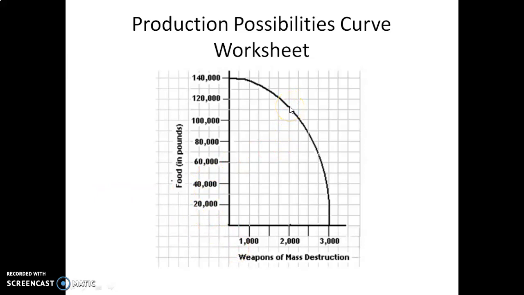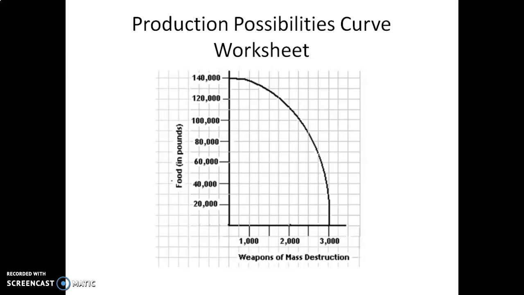Okay, and now if we go all the way to 3,000 using all of our resources for WMD, look how much food we have to give up. We're giving up, what is this, about 110,000 pounds of food. So when we went from 0 WMD to 1,000, we had to give up almost no food. But to go from 2,000 WMD to 3,000, still it's just an increase of 1,000, you're giving up a whole lot of food.